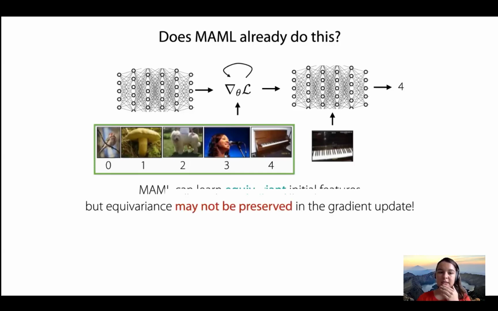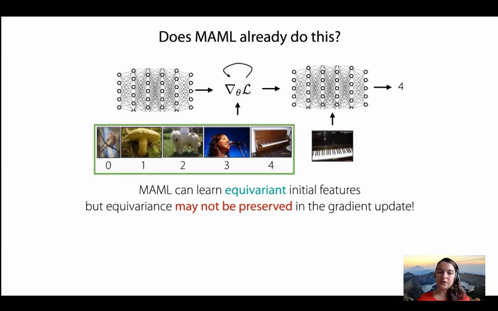However, the gradient descent step may not actually preserve that equivariant structure. So while the initial features may be equivariant, the features learned after the gradient step may not be equivariant, may not share that structure.